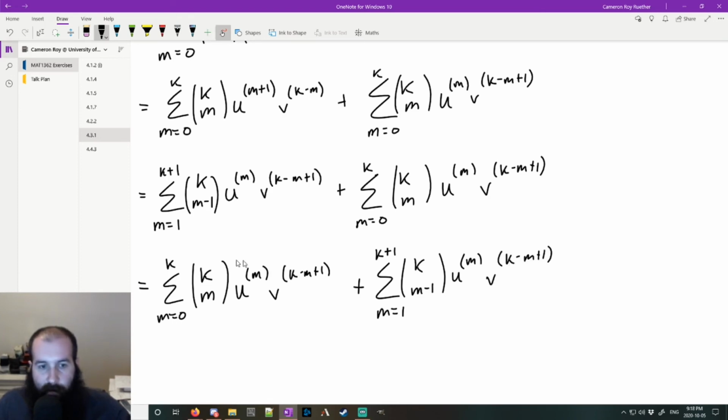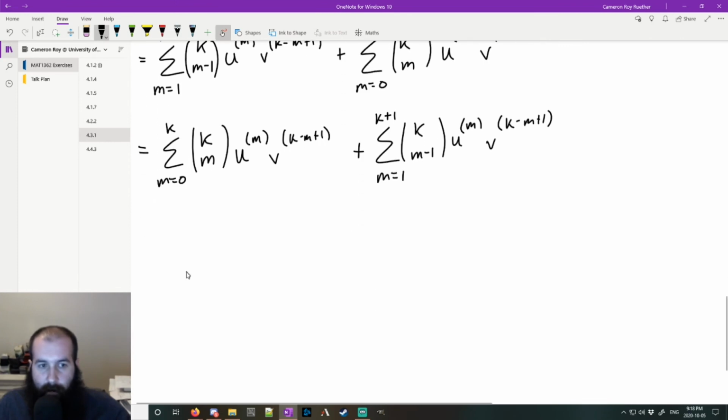Now, I want to take off the first term of this, which is the m equals 0 term. So that will look like k choose 0, u to the 0, v to the k minus 0 plus 1, which is just k plus 1. Since I've taken off the m equals 0 term, I can now write the rest of them, which start from m equals 1 to k.